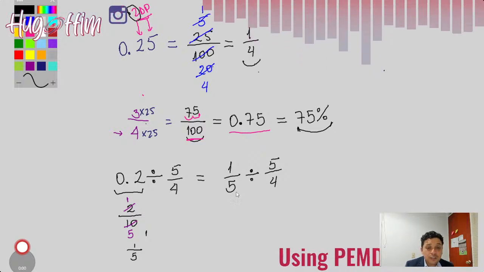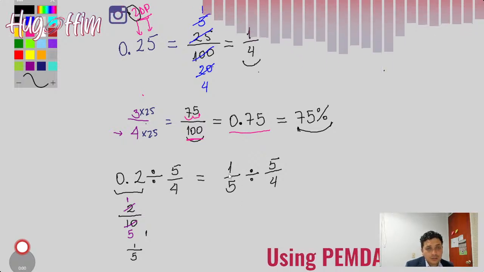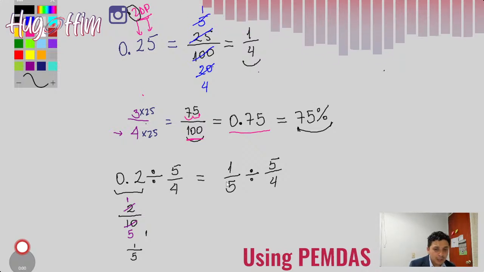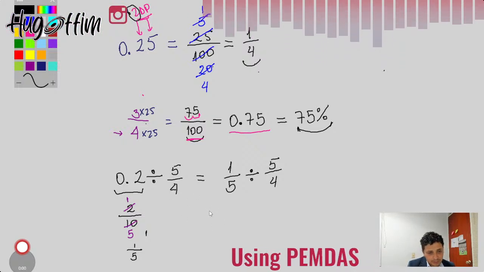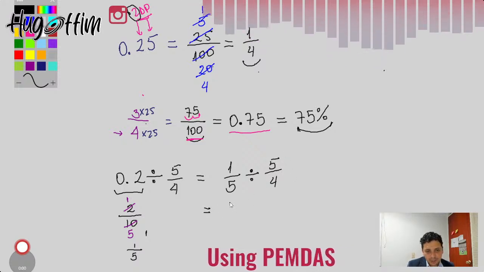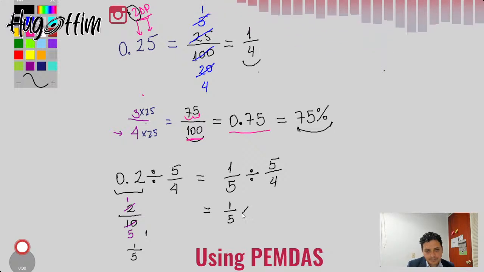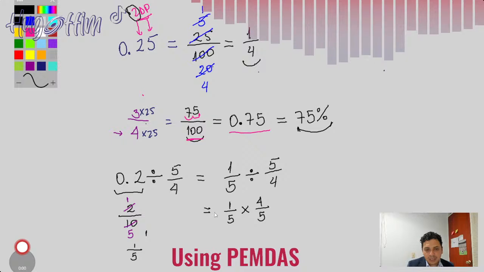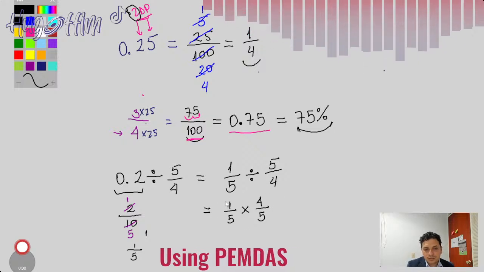Now, how are you going to divide fractions? Remember that dividing fractions is the same as multiplying by the reciprocal. So what I'm going to do is just interchange numerator and denominator. So I have 1 over 5 times 4 over 5, and I got a multiplication of fractions.